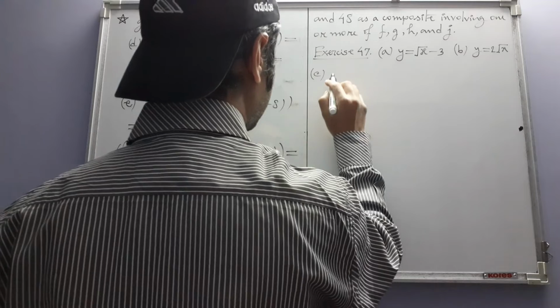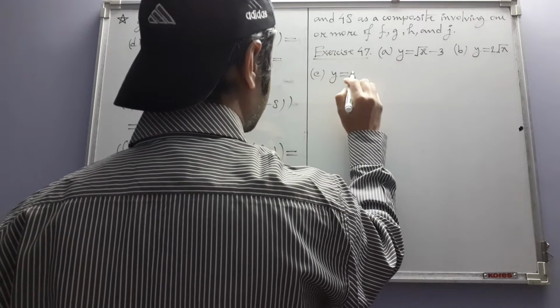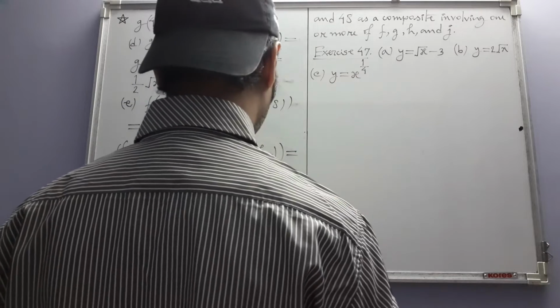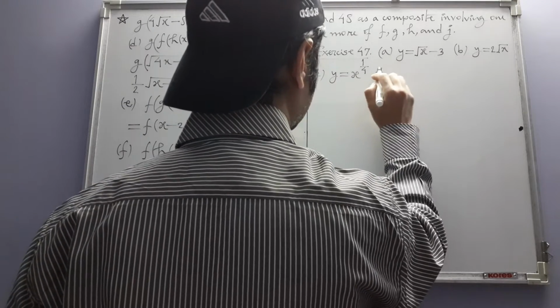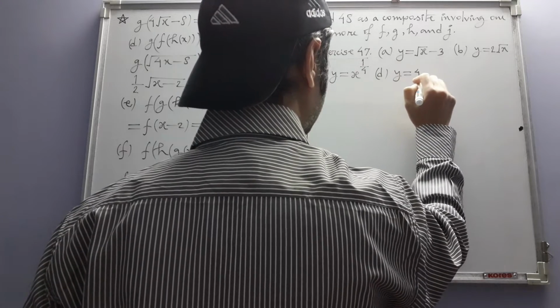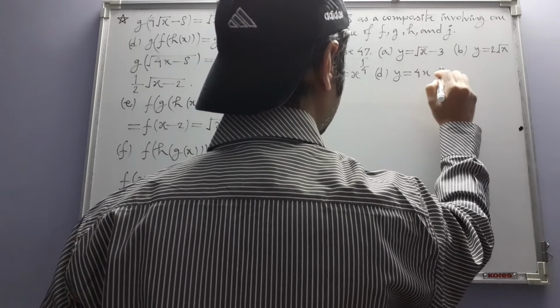C, y is equal to x to the power 1 over 4. D, y equal to 4x.